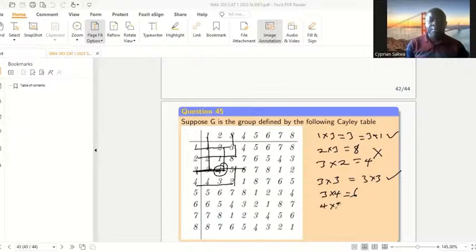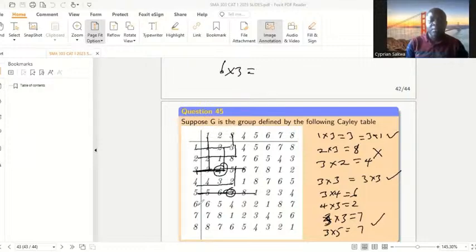So 4 does not commute with 3. What about 5? 5 times 3 is 7. What about 3 times 5? 3 times 5 is 7. So 5 commutes. Let's check 6. 6 times 3.